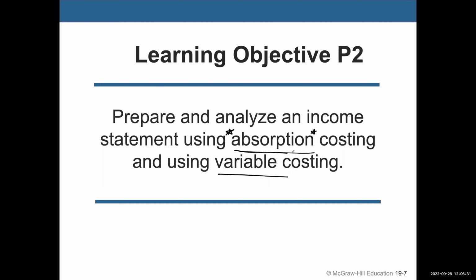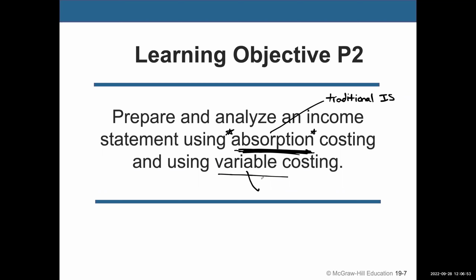By nature, absorption costing mixes fixed and variable items in cost of goods sold. Therefore, you cannot do a contribution margin income statement with absorption costing. We must therefore use a traditional statement. I'm going to abbreviate income statement.